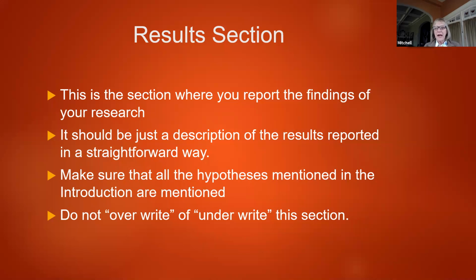And if you notice that, this may be the appropriate place to report on any associated observations about that. It's a description of the results found in a very straightforward way. And you want to make sure if you had hypotheses in the beginning that you're addressing each of the hypotheses and or specific aims in the results section.